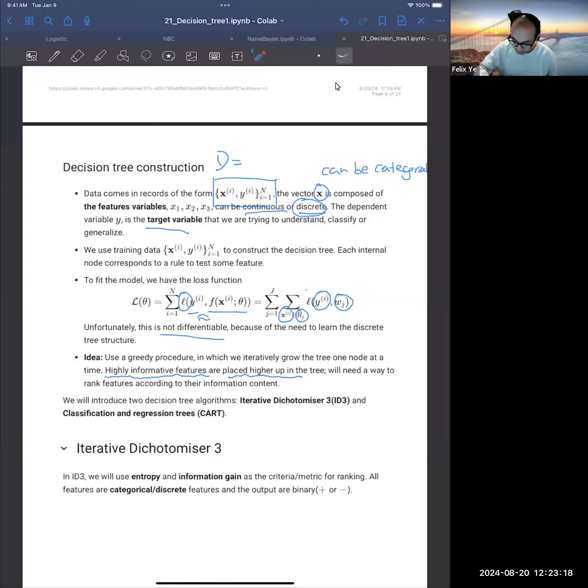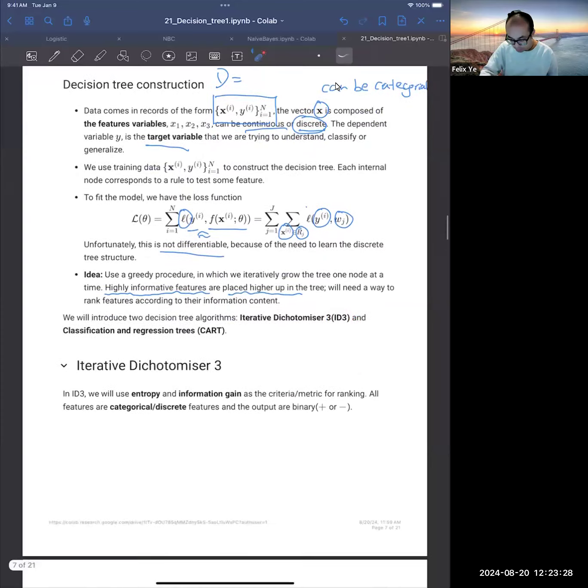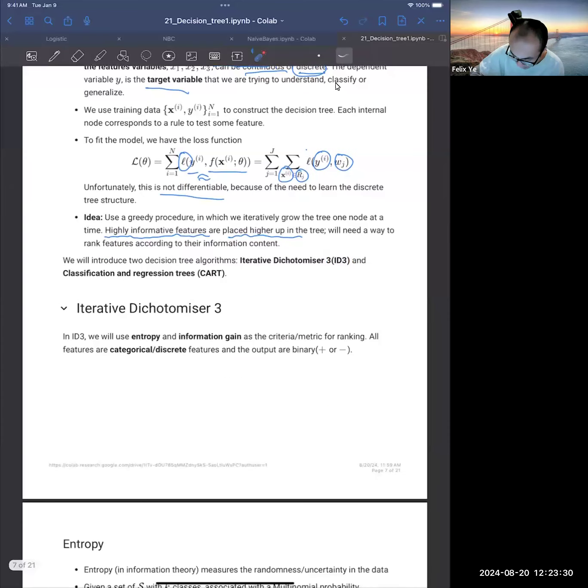All right. So the key here is how we are going to quantify whether a feature is highly informative or not. In ID3, we use something called entropy and information gain as the criteria for the rankings.